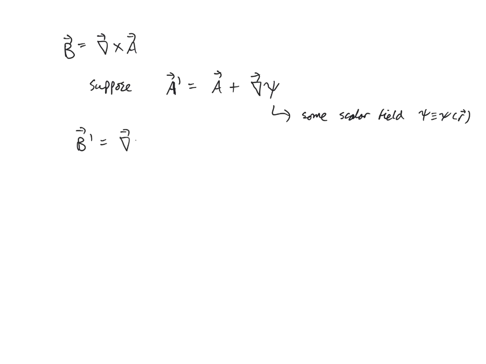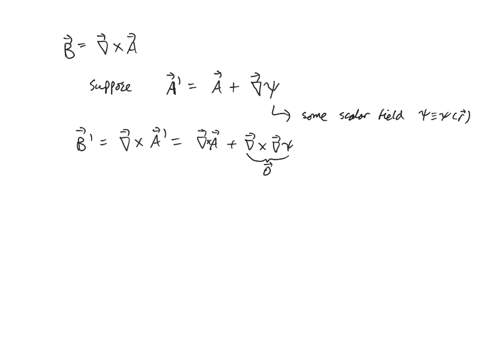It's equal to the curl of A primed, which is the curl of A, plus the curl of the gradient of psi, but this is equal to 0. 0 vector, to be precise. Again, just by the power of maths.